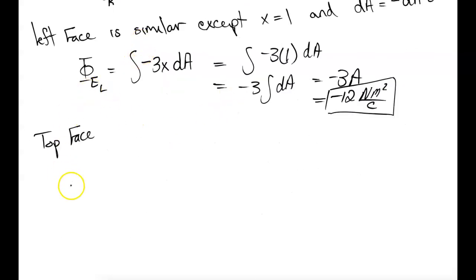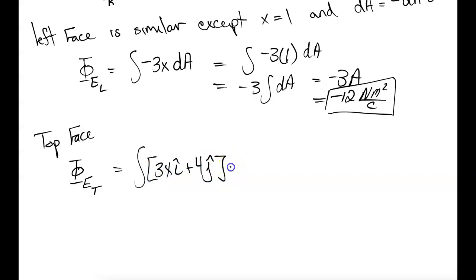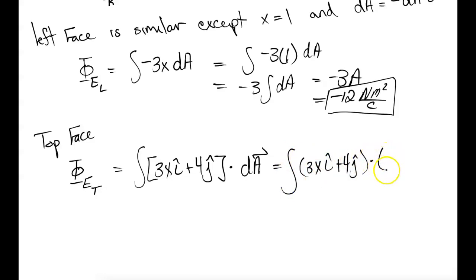So this is going to be phi E top, which is, again, the integral of 3x i hat plus 4 j hat dotted with dA j hat, so only the j hat in this case survives, and I get the integral of 4 dA.